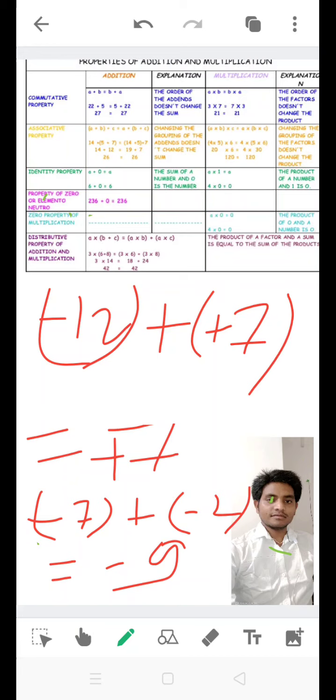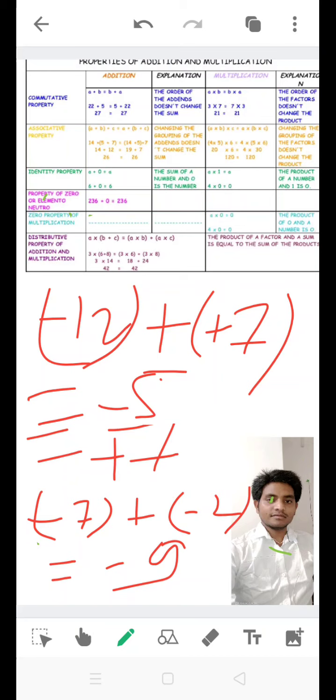Here is the negative sign and this is the positive sign. Always remember that when you add two numbers, one with a negative sign and the other with a positive sign, then this is a subtraction. Then 12 minus 7 is 5. But what is the sign of 5? The greater number is minus 12, so the answer is minus 5.